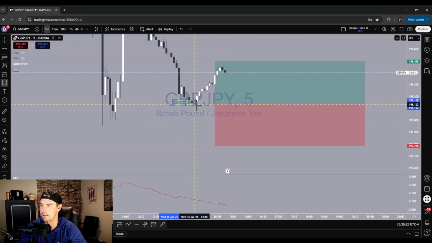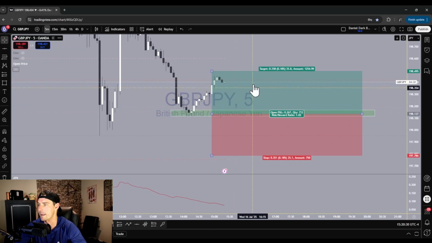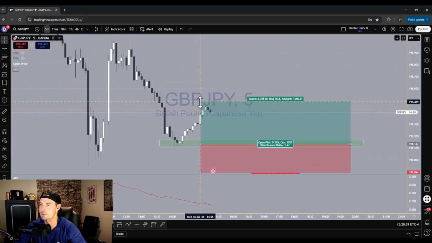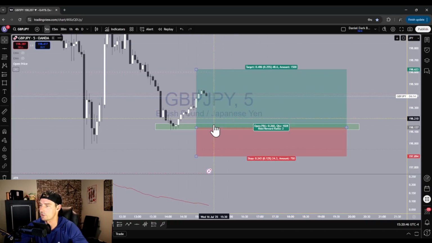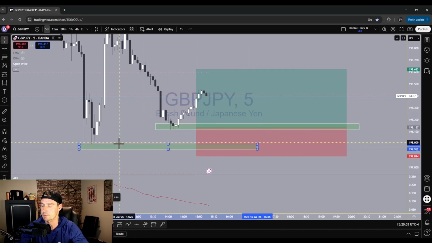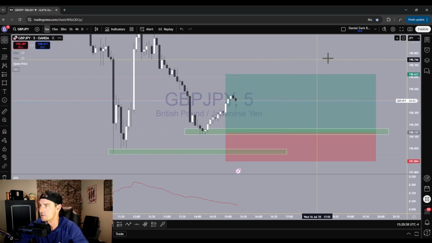Maybe I've decided, okay, if that comes down, I don't have much defense, so I'll just enter long there. Now I can set this to like a 25 pip stop loss, and it's going to be a lot more aggressive, and my risk to reward is going to be a lot easier to hit. I'll need a lot less movement to hit my 1 to 2 risk to reward because my stop loss is tighter. So it's a nice trade, but I still have a good defense, based off of previous price action, to set up my trade within a reasonable range for a day trade.